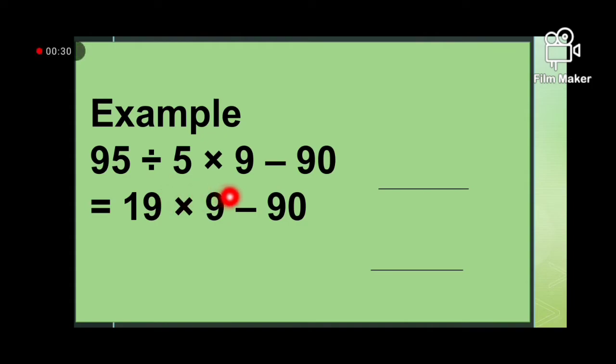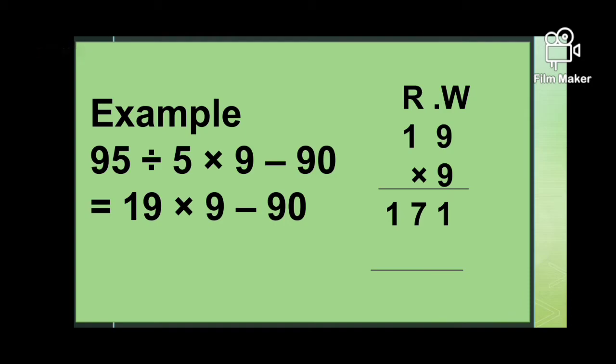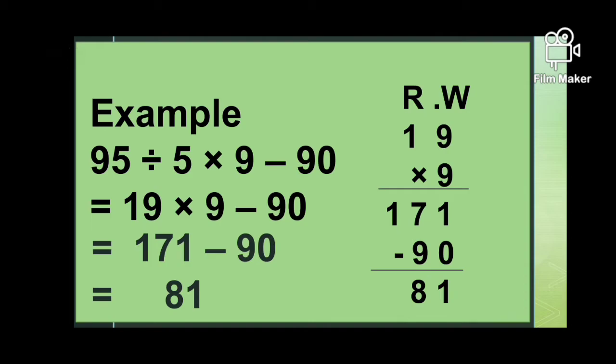Now we have to multiply 19 by 9. 9 9s are 81, 9 1s are 9, and 9 plus 8 is equal to 17, so when we multiply 19 by 9, we will get 171, and 171 minus 90, we will get 81.